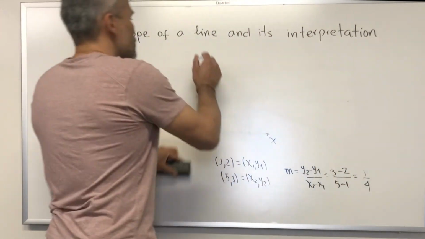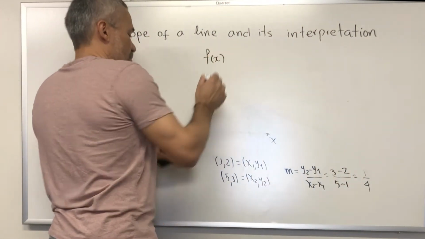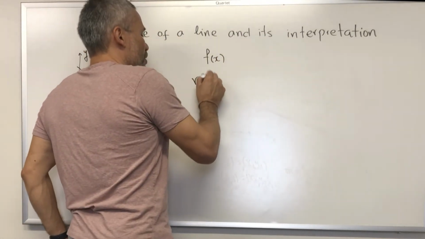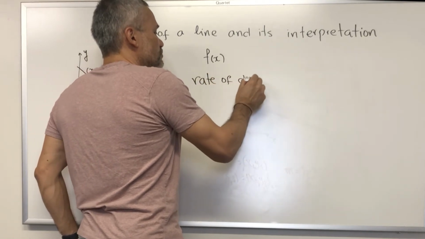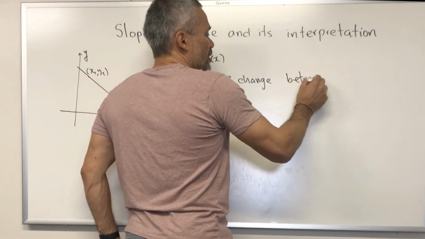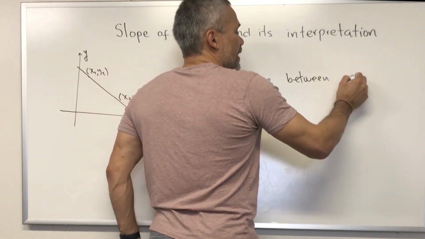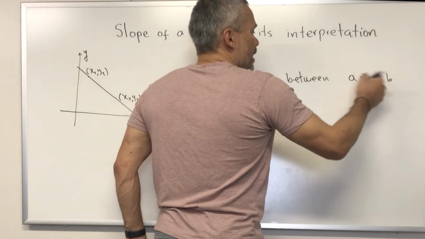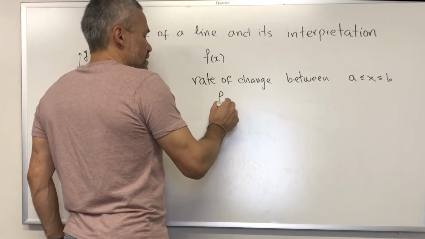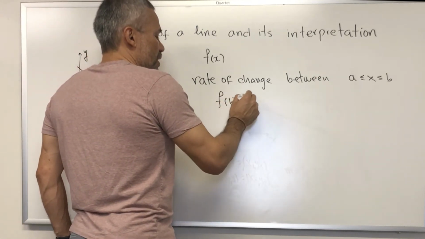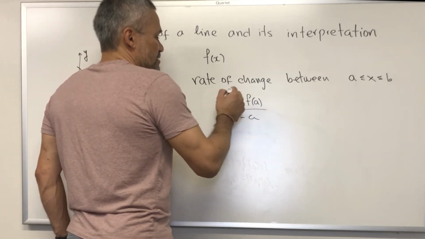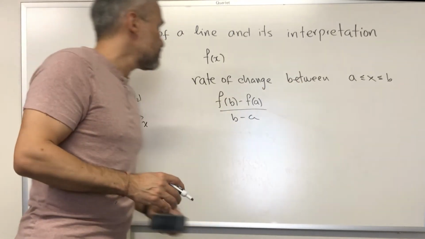If you have a function f of x and you want to know the rate of change between, let's say, x equal a and b, when x goes from a to b, then the rate of change is this quotient, f of b minus f of a over b minus a. This is the rate of change between a and b.